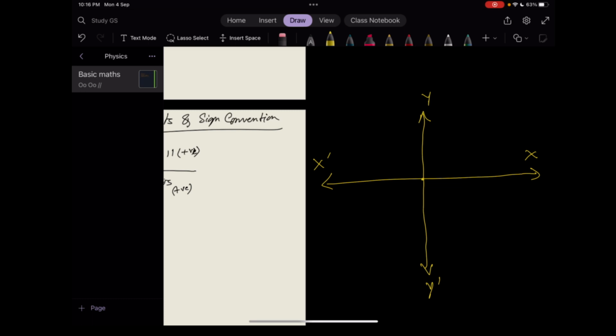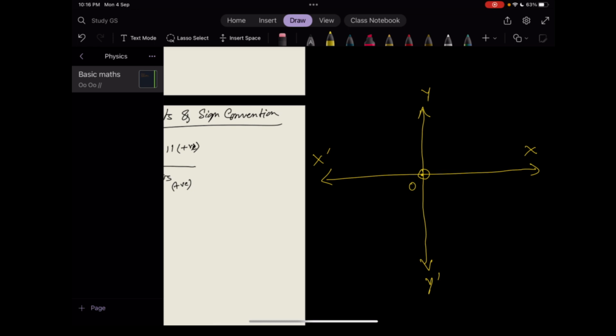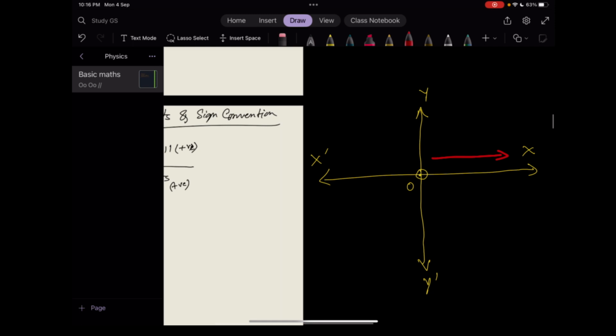Here is the point O. Okay, so on this side all values of x should be positive. On this side negative x. Okay, positive x and negative x.